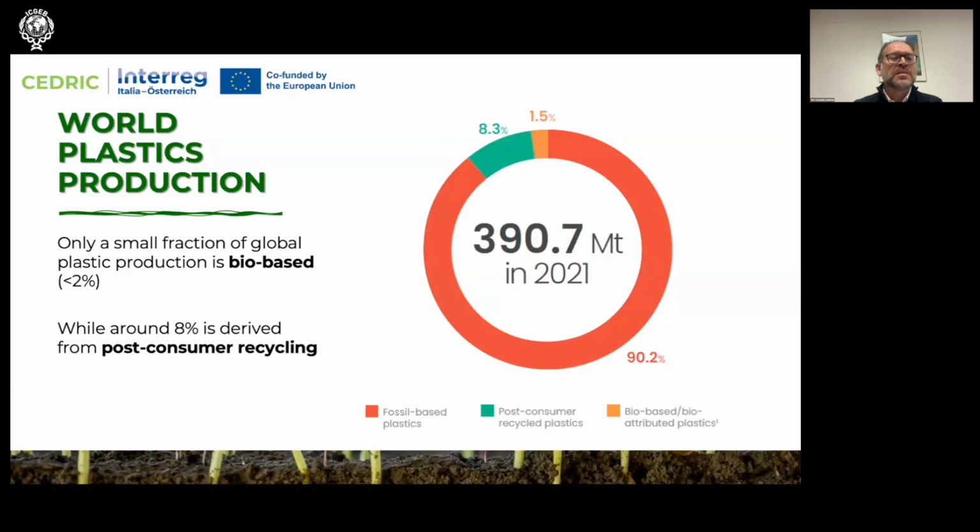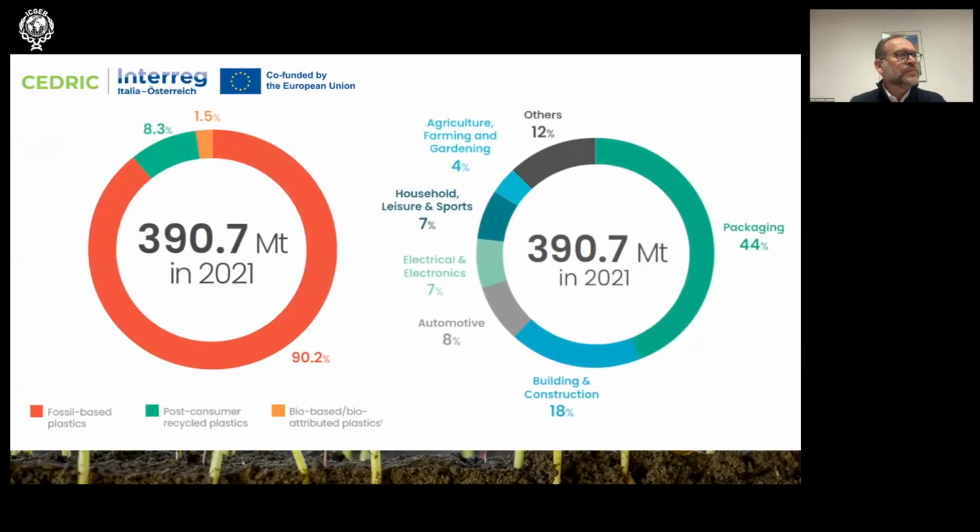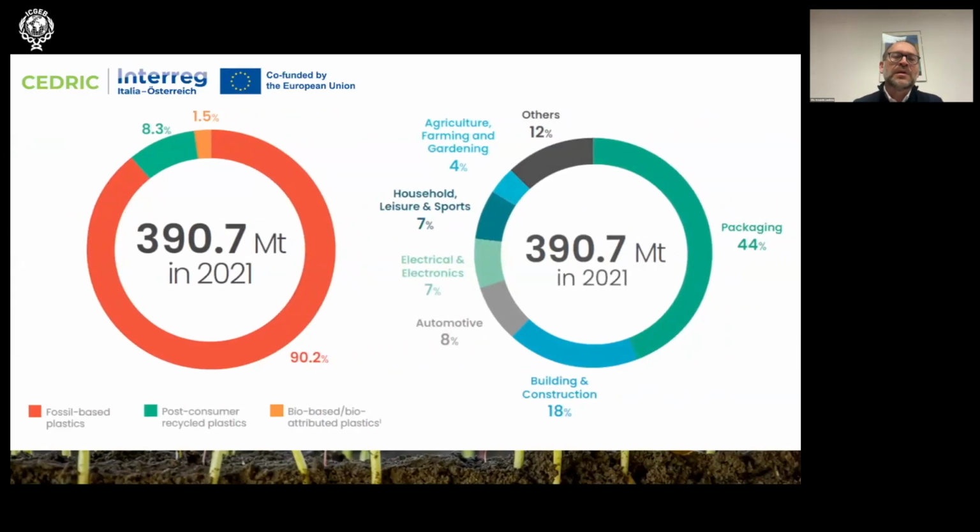And another important aspect is that regarding the amount of this material that can be recycled, only 80% can be recycled. And just to go in deep with this number, in this other picture that we have here on the right part of the screen, as you can see, only 4% of these 390 million tons of plastic is used in agriculture.